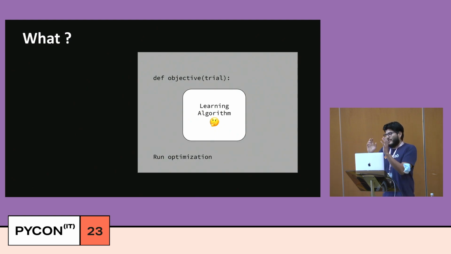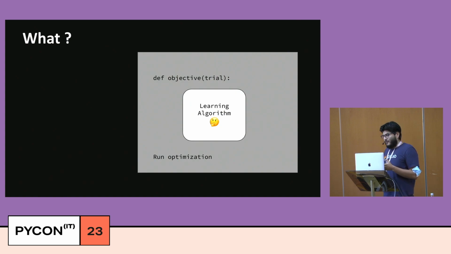And then you wrap this learning algorithm in a function that you will call the objective function, which is also cool because, if you are more of a purist reading the theory of ML, we are always trying to optimize a function. And this optimization can be either something has to grow or something has to decrease, but it has to go in some direction. And whatever direction makes sense for us is good.